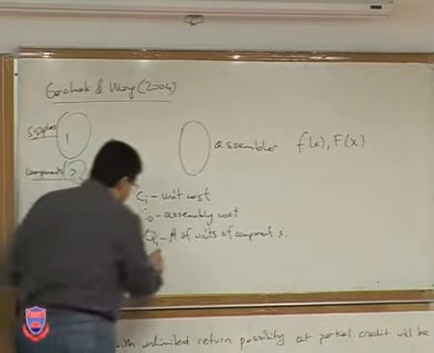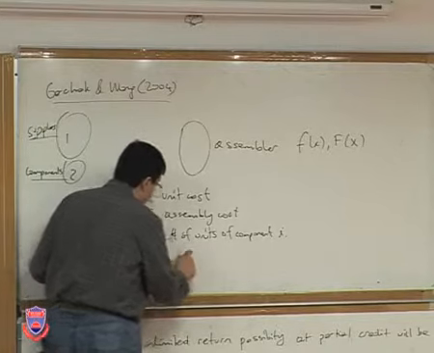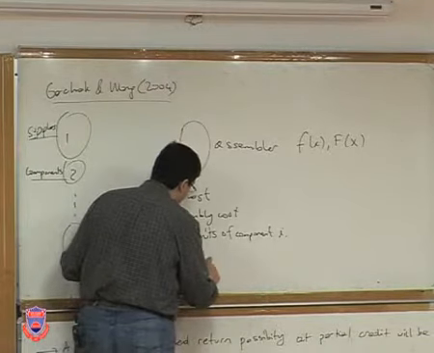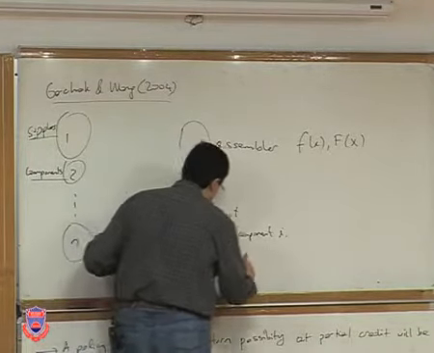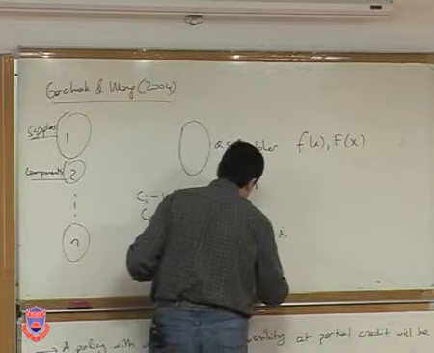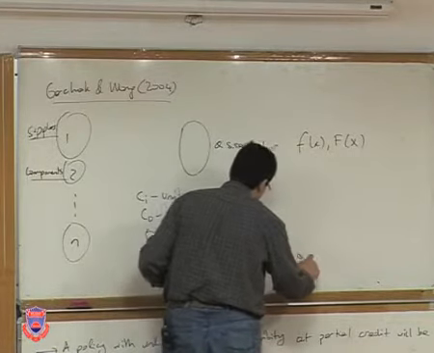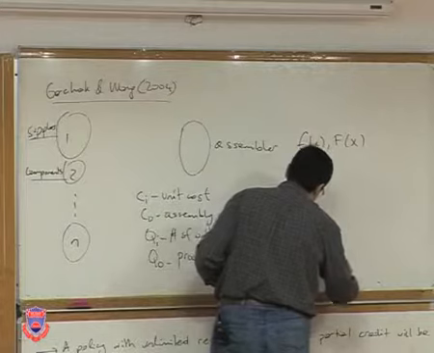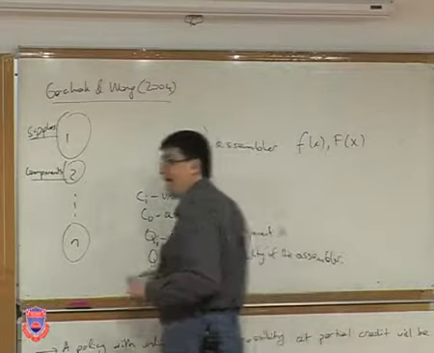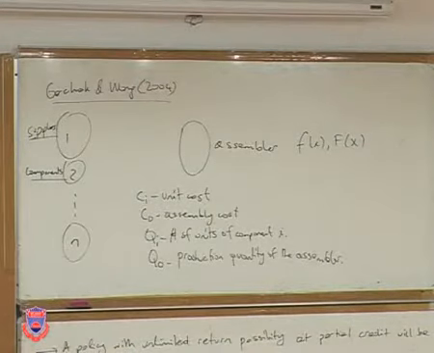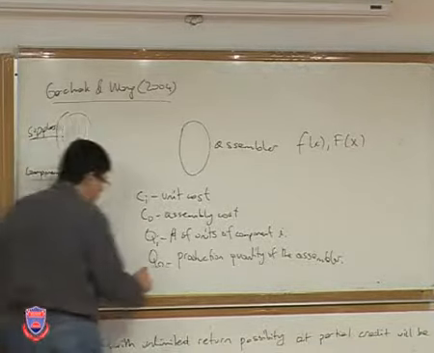And Q sub 0 is the production quantity of the assembler. So Q sub i, in general, i from 0 to n, are the production quantities. Let's say that we have no holding cost.